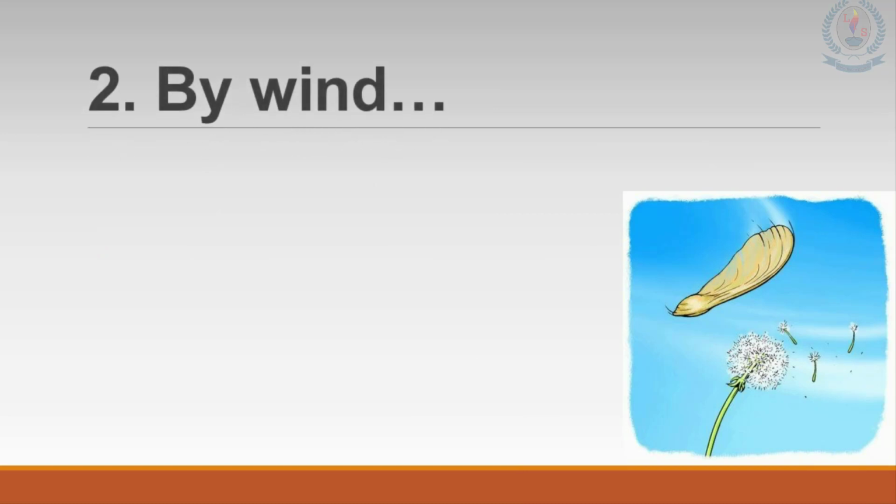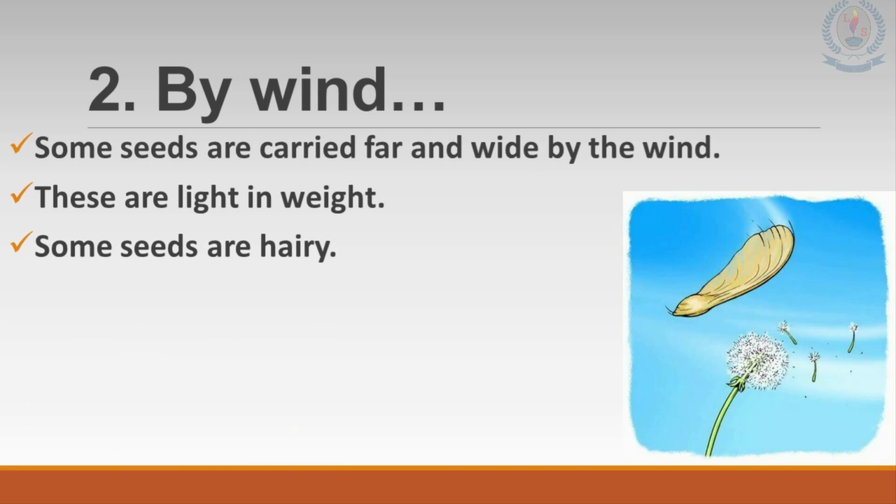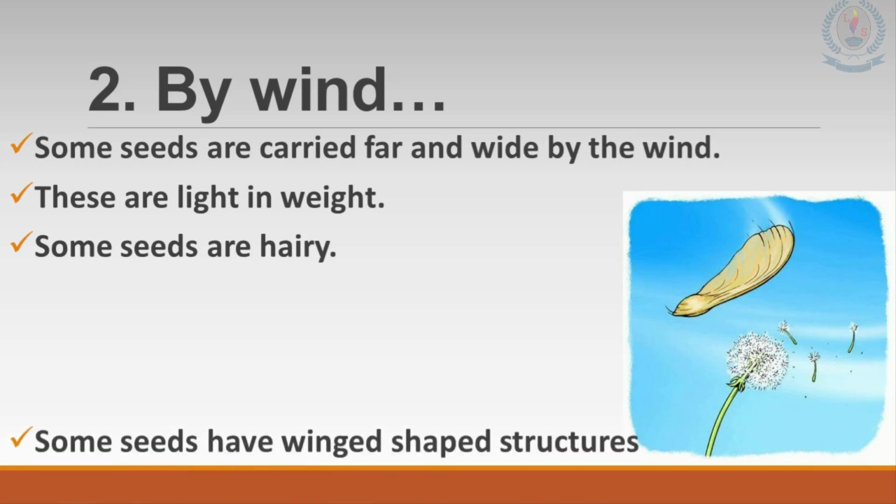The second one is by wind. Some seeds are carried far and wide by the wind. How are they carried far and wide by the wind? Because they are light in weight. Some seeds are hairy, so they can be carried far away by the wind.